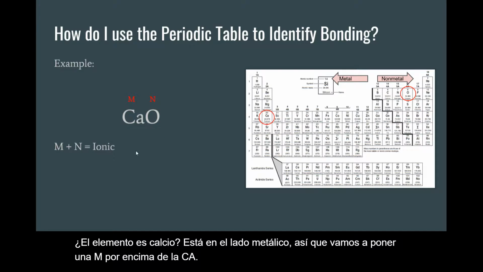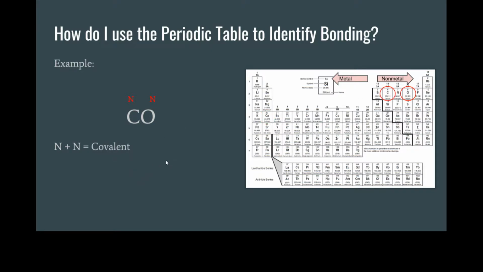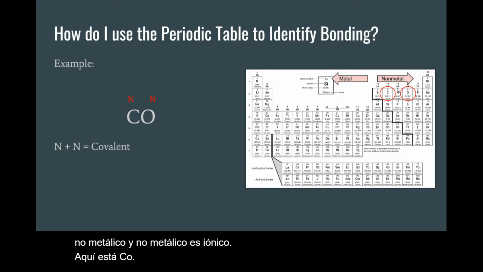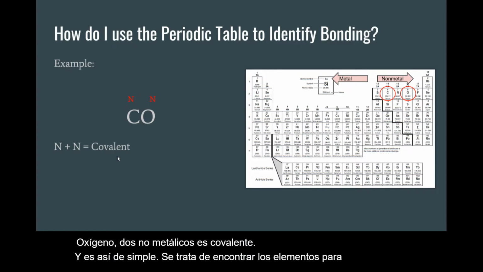Metal and nonmetal is ionic. Here's CO. Capital C is carbon. It's a nonmetal. Oxygen, nonmetal. Two nonmetals is covalent. And it's that simple. It's just about finding the elements and determining if they're metals or nonmetals.